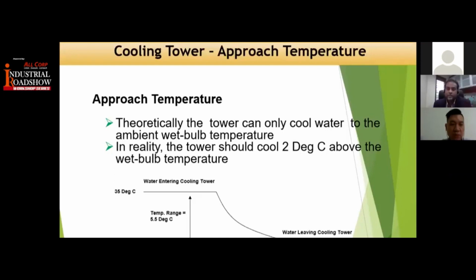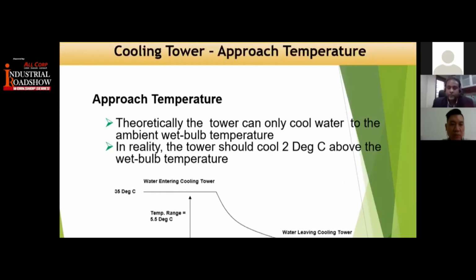Roughly 2 degrees above the wet bulb temperature should be your condenser water supply temperature. So for chillers, basically that's all you can do for the chiller plant: improve the system efficiency, and this will give you the major saving in any building, right?